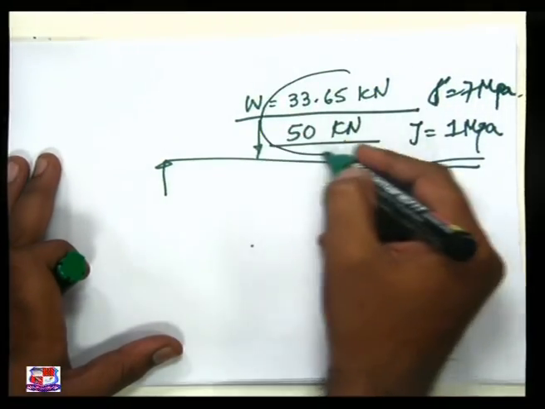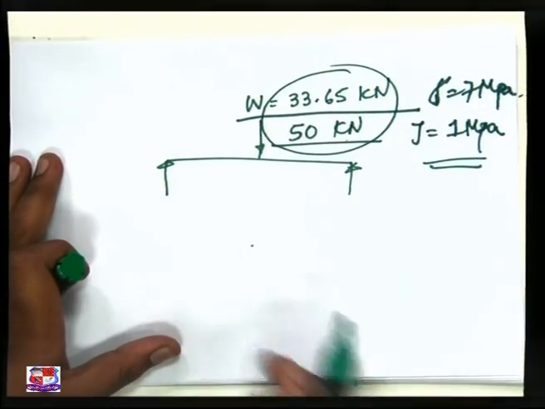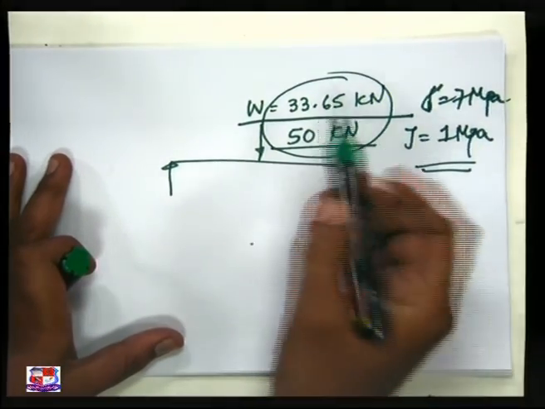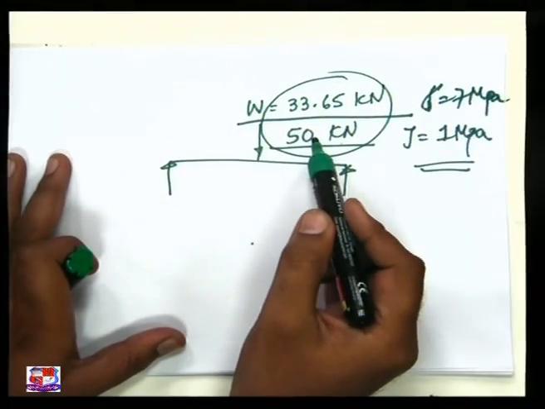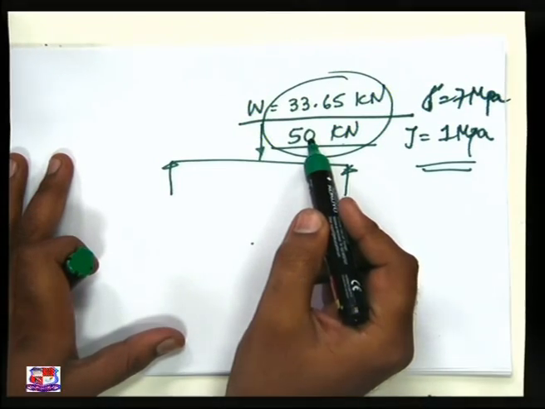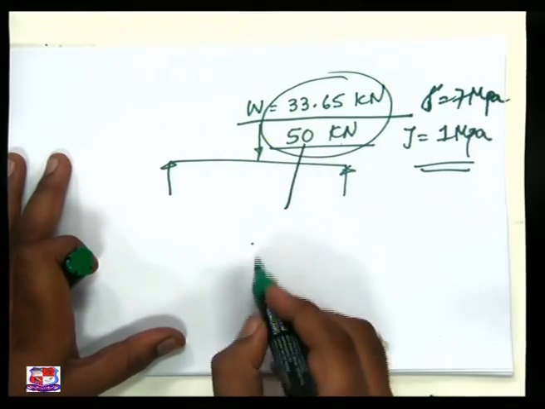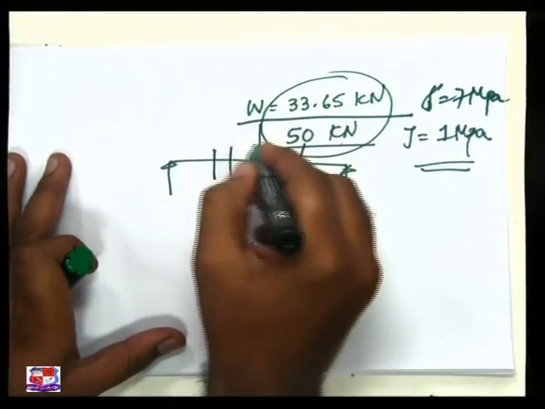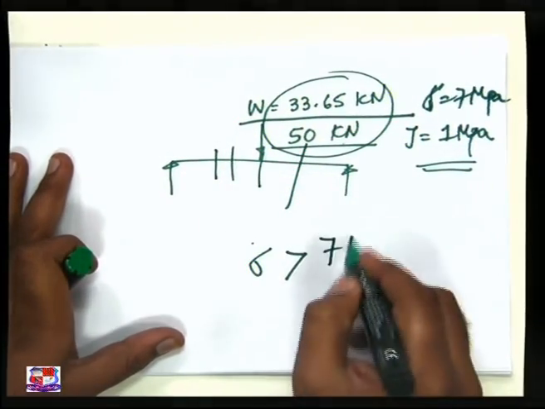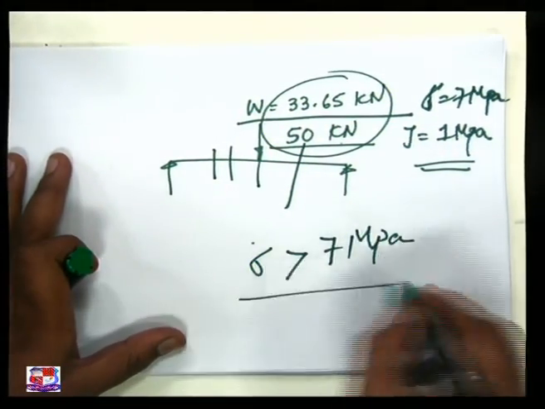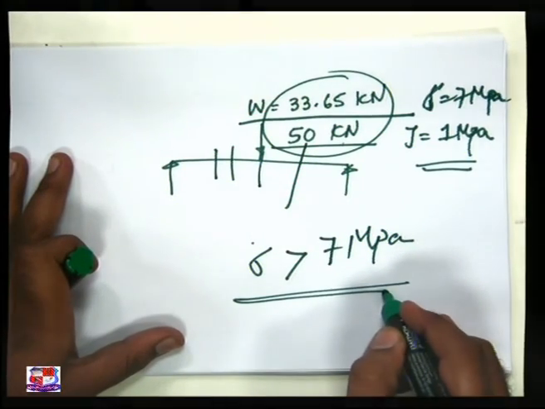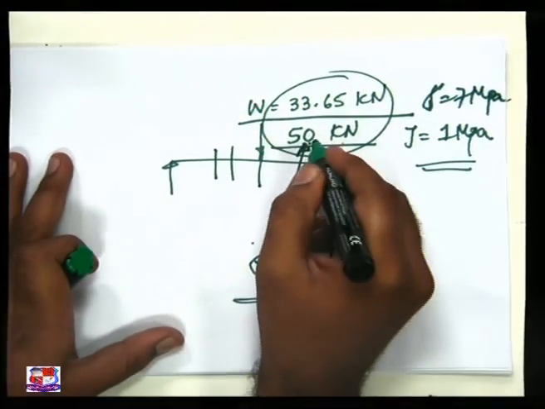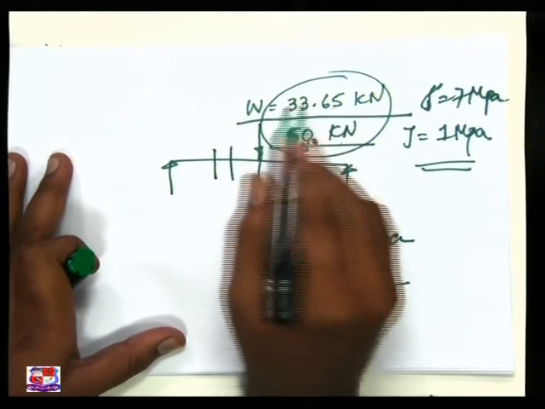Which answer do I have to accept? Visualize clearly over here. If I apply 50 kilonewton load, then the value of sigma acting on this cross section is more than 7 MPa, which is not permitted. My beam will fail. So I cannot apply 50 kilonewton. I have to apply less than that.